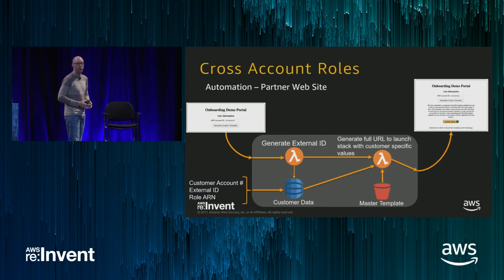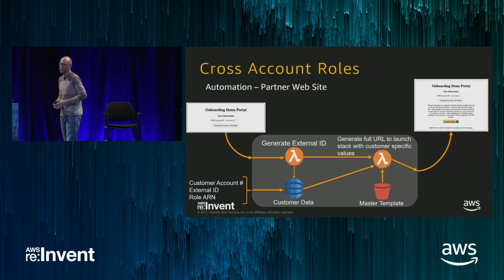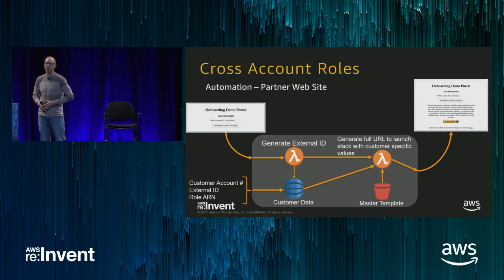I'm also going to put in their account number. And later on, I'm also going to put in that role ARN that I'm going to get back from the customer. In this example, I'm then also calling another Lambda function to generate the full URL that's going to enable me to launch that CloudFormation template in the customer's account. And then I'm arriving at that final form on the right that actually allows them to click on a link and launch that CloudFormation template.